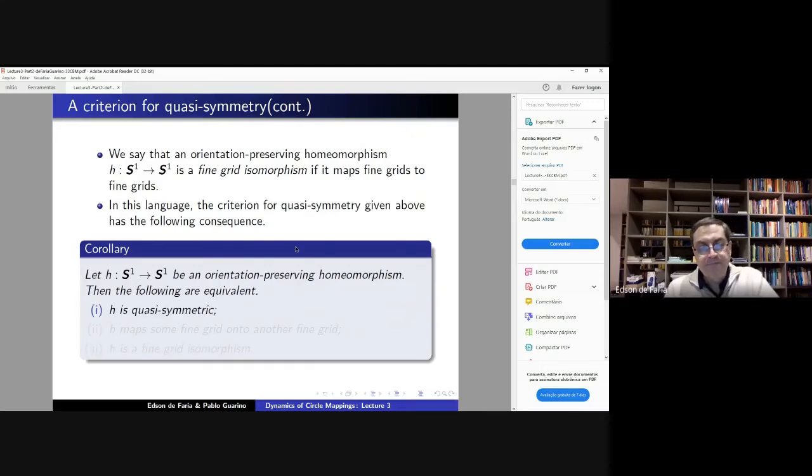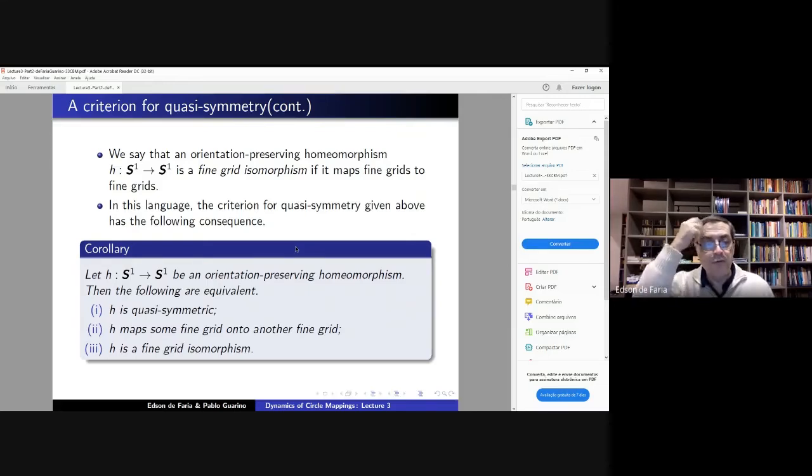The first is to say that H is quasi-symmetric. The second is to say that H maps some fine grid onto some other fine grid. Okay. And the third is to say that it's a fine grid isomorphism, which means that it maps every fine grid onto another fine grid. Okay. So this is a useful characterization.